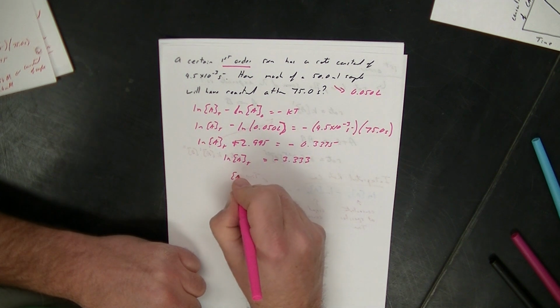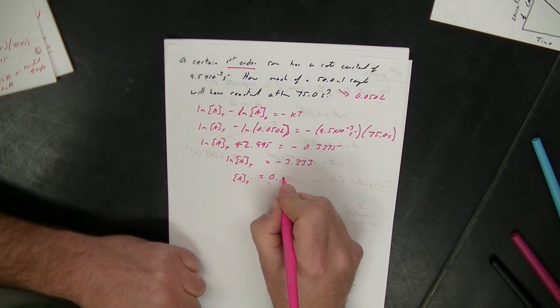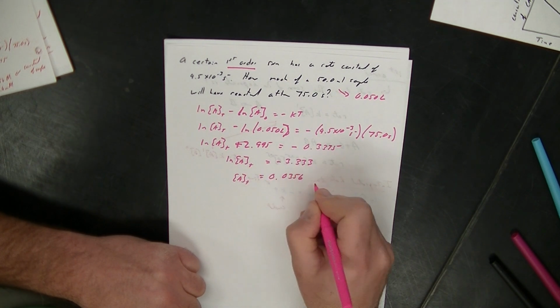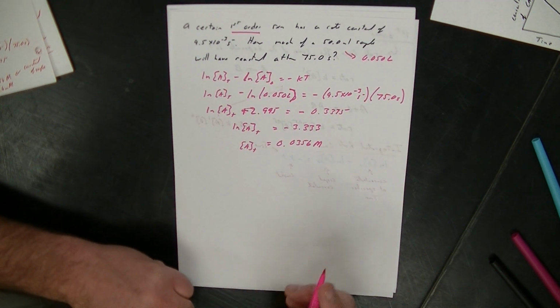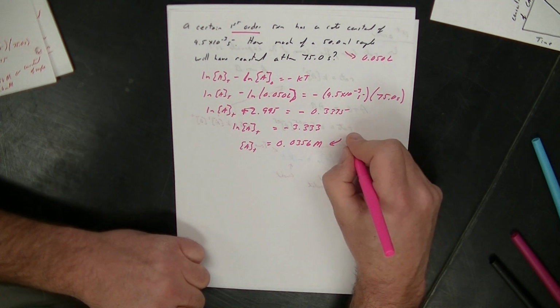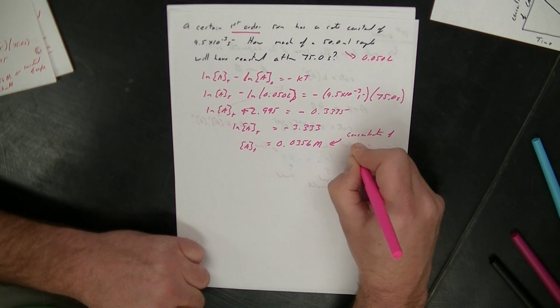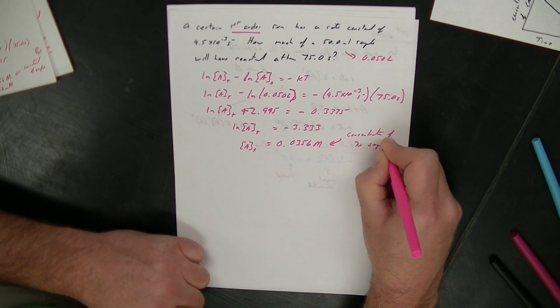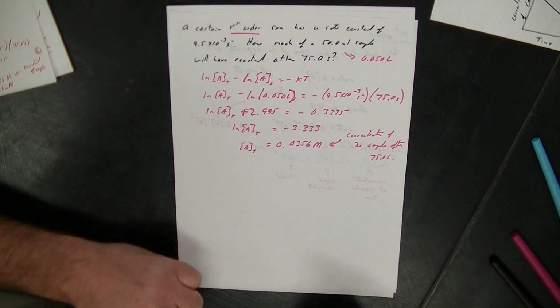So we do this math, and the concentration at time t is equal to 0.0356 molar. So this would be the concentration of the sample after 75.0 seconds.